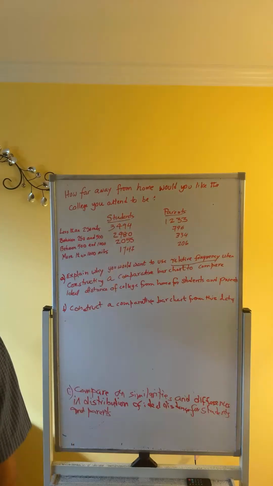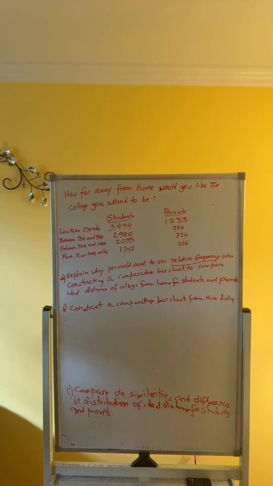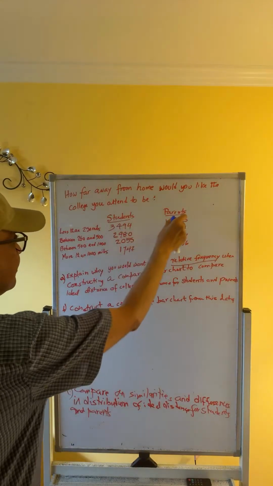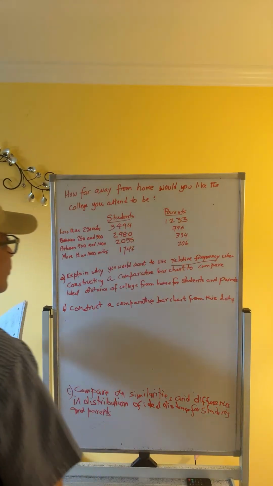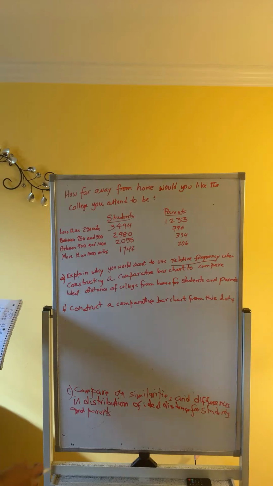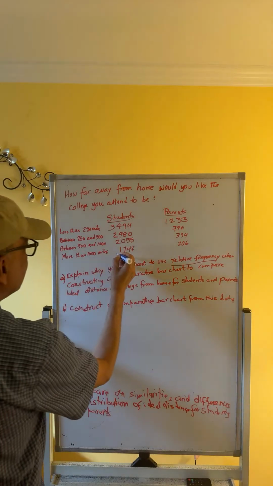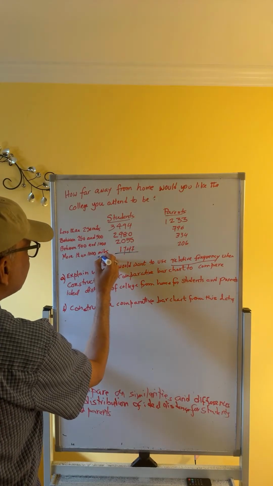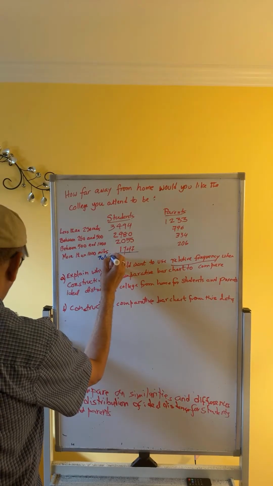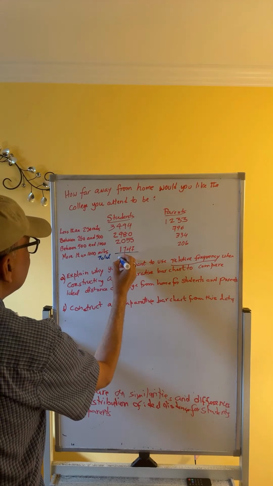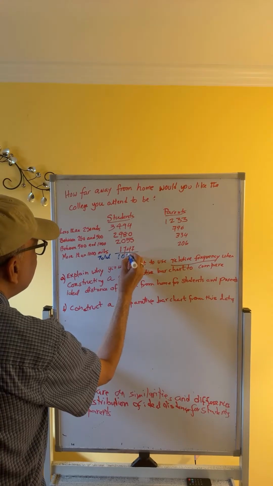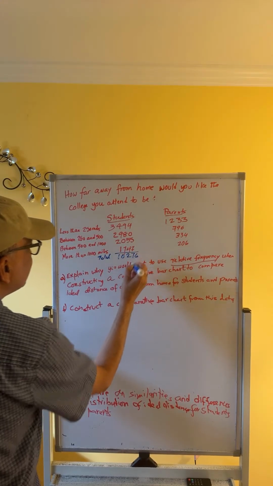Look at the number of students in each category. It is significantly different from parents. If you add up all the categories for the students, the total number of students surveyed is 10,276.